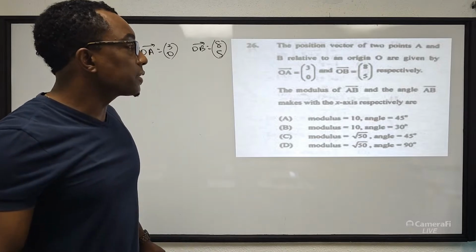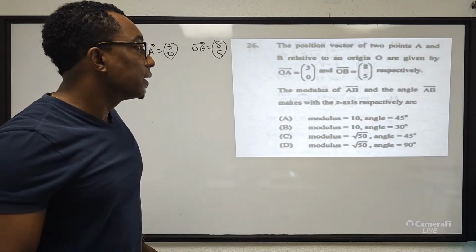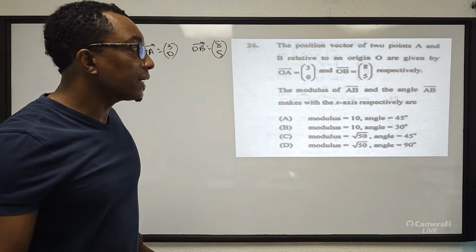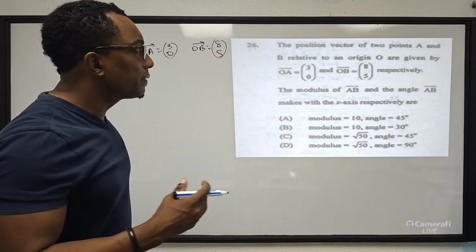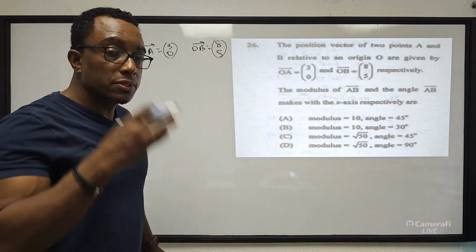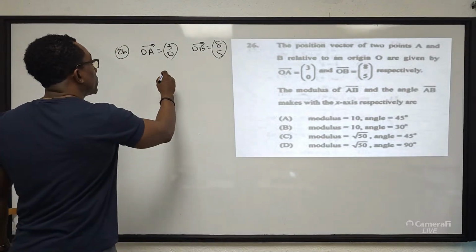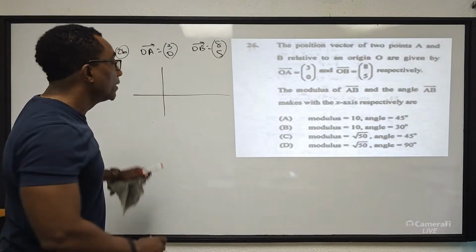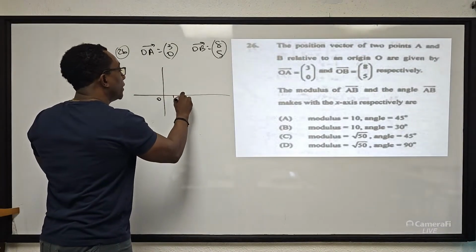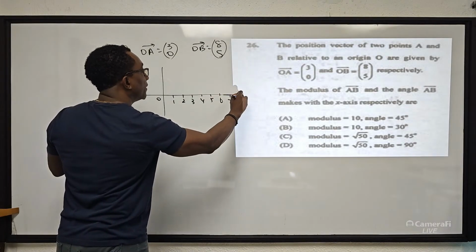The modulus of AB and the angle AB makes with the x-axis respectively are. Now with vectors, I'll always advise, if you're given a vector question in your exam, it's always good to have a visual. This is position vectors, so show a little sketch. So this is 0, 1, 2, 3, 4, 5, 6, 7, 8.